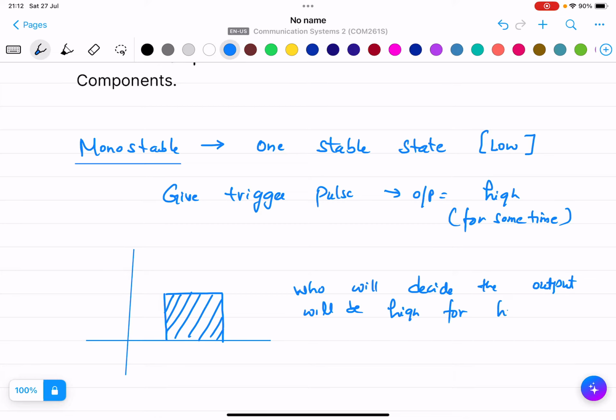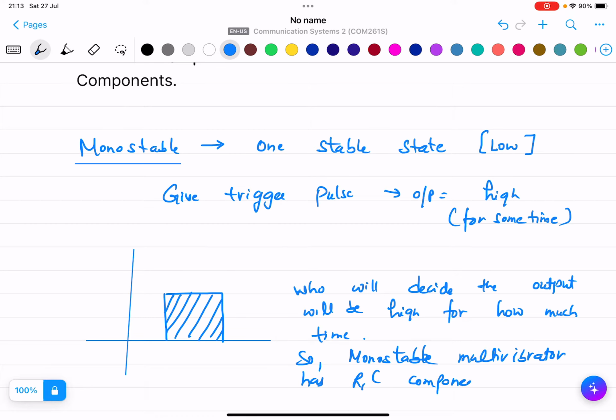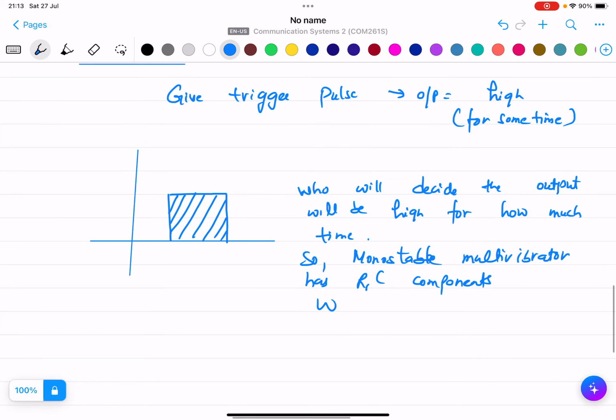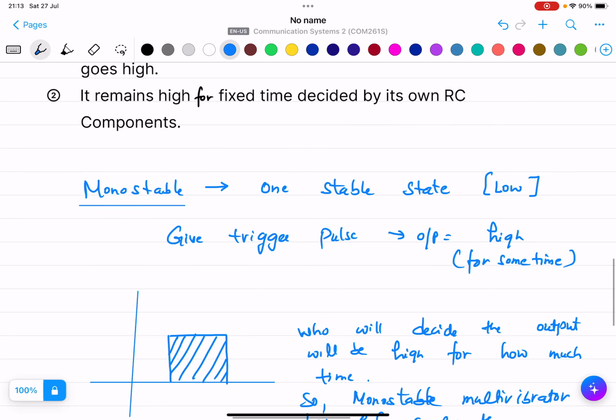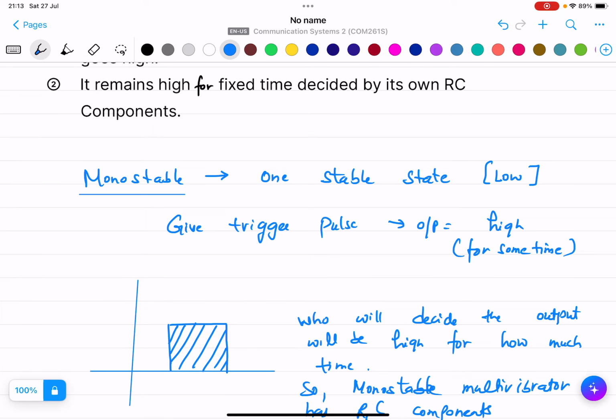The monostable multivibrator has R and C components which decide this. Basically, a monostable multivibrator has only one stable state, which is the low state.